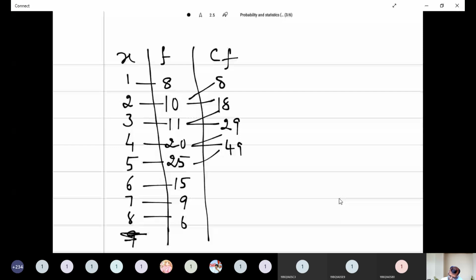Adding 25 to 49 gives 74. Adding 15, 89. Adding 9, 98. One minute, I put the problem in the wrong manner.